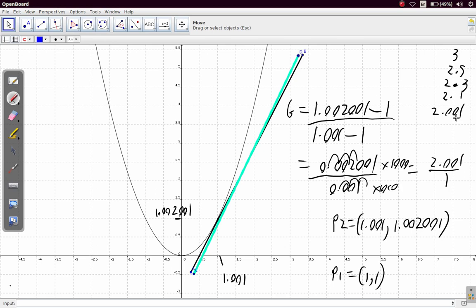It seems as if, as we get closer and closer, as we move the point on the curve all the way from 2 to 1.5, 1.25, and we move it closer and closer to 1, the gradient of our green line approaches 2. So therefore, I can see the limit as, let's call our point x.